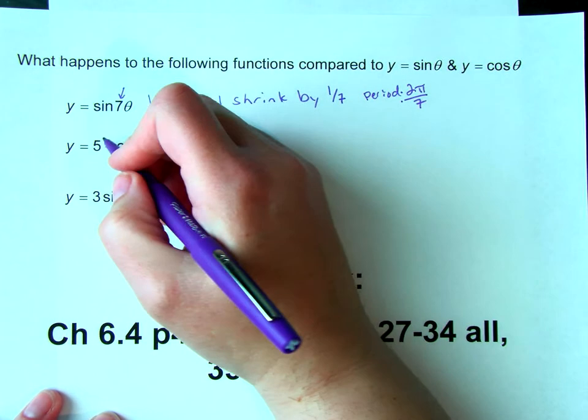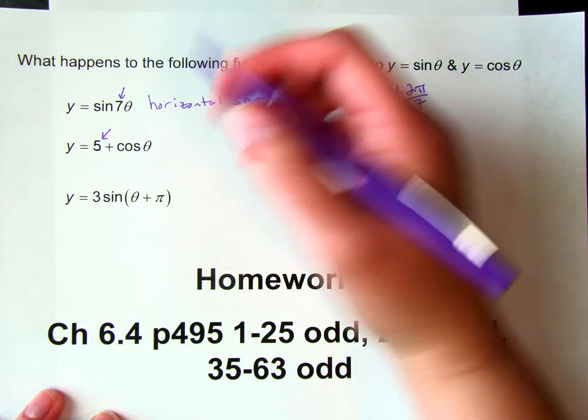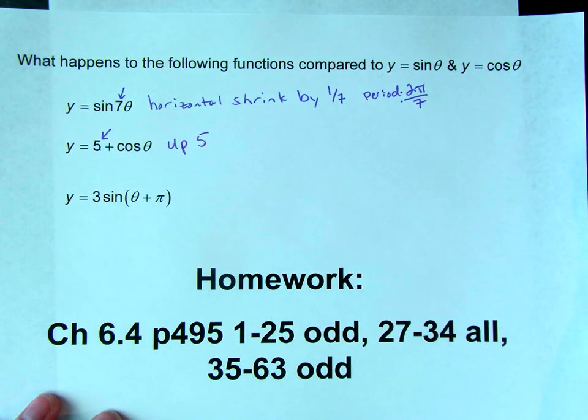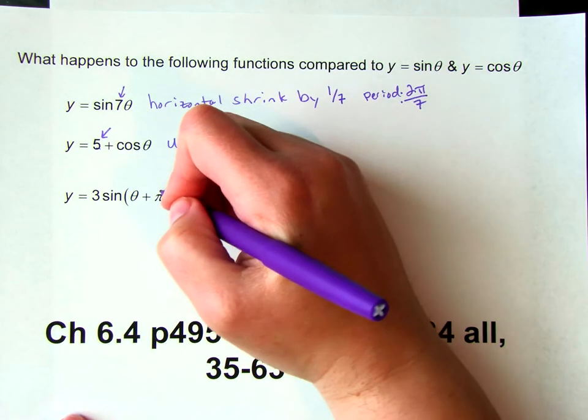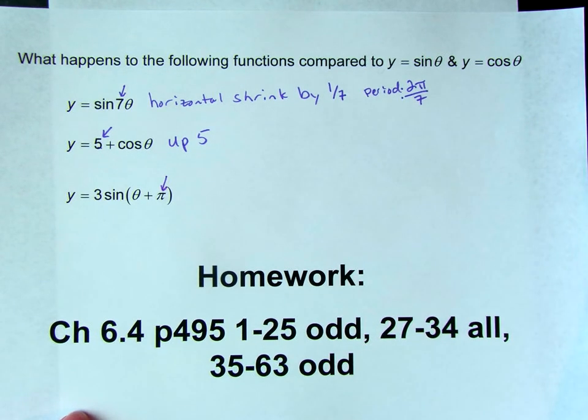Okay. The 5, that's on the outside. It's not multiplication, so that is an up or a down. It is positive, so we are moving up 5. Okay. And in our last one, we have a little bit of everything. So our pi is on the inside. It is addition, so the inverse would be subtraction.